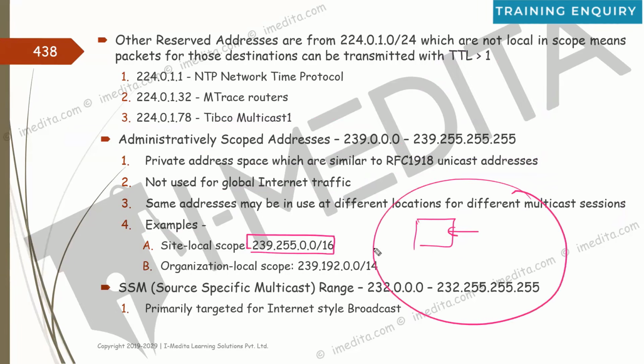And for the entire organization, if I want to do multicasting, then I can use this range. These are the private IPs for multicasting. The 239 range is the private range for multicasting. You can use it to perform multicast routing in a site, and you can use it to perform multicast routing in the entire organization as well.